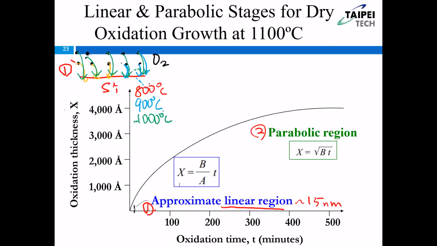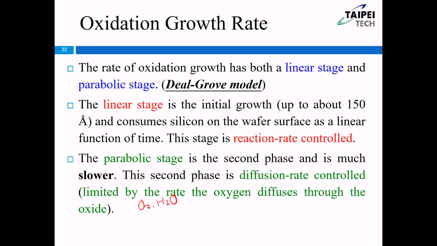This is the first stage. Don't worry, we have the writing. If we go back to the previous page, we have the writing here, reaction rate control. Later we can go back to this page, you can see.